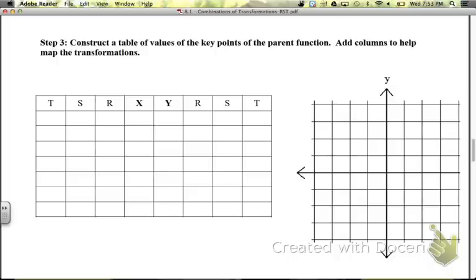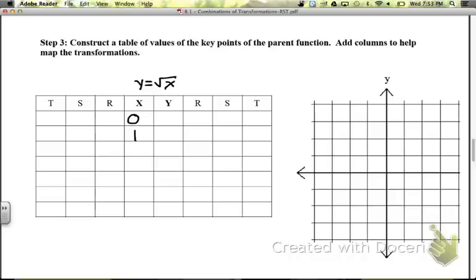So the parent function we're working with is y = √x, and with that we need to do a table of values. Remember, we're going to start at 0, because if we put a negative value underneath the square root sign, that gives us an imaginary number, and we know already that can't exist. So we have 0, 1.